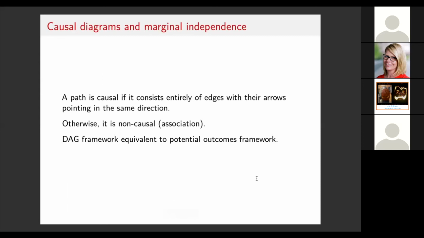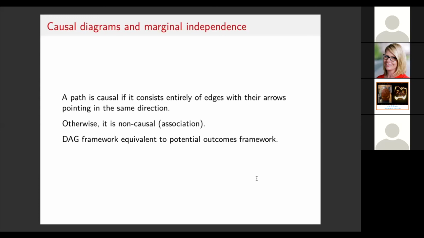This is a much longer topic, and you can look at some of the references later. So a path is a link from one node to another that goes through one or more nodes. A path is causal if it consists entirely of edges with their arrows pointing in the same direction. Kind of sounds obvious.